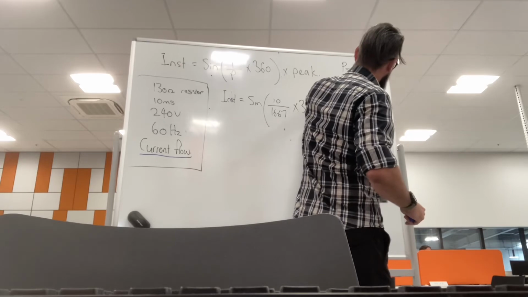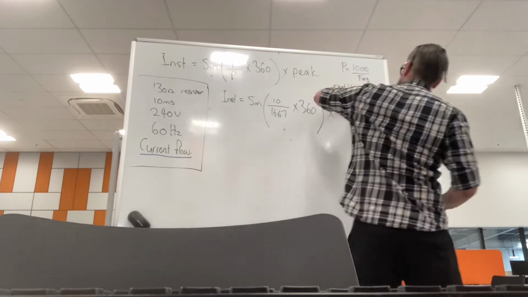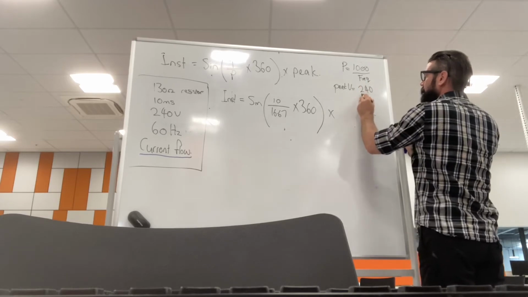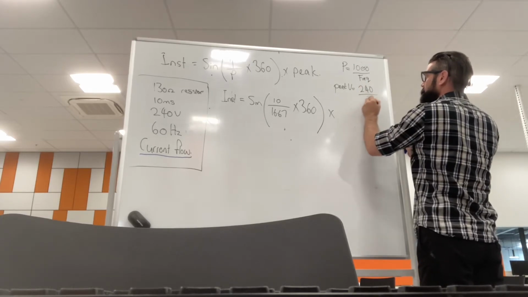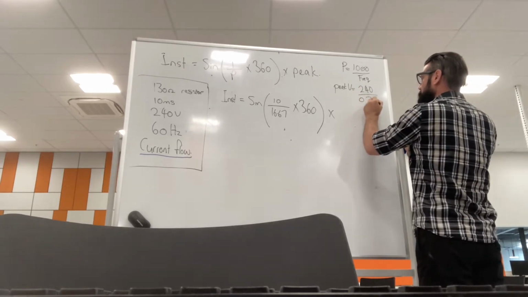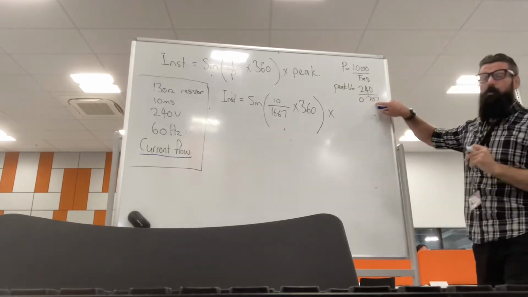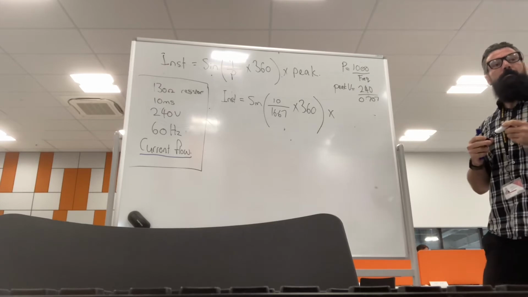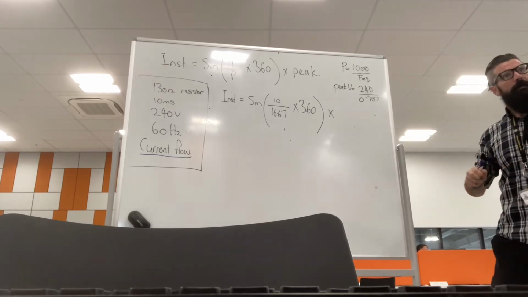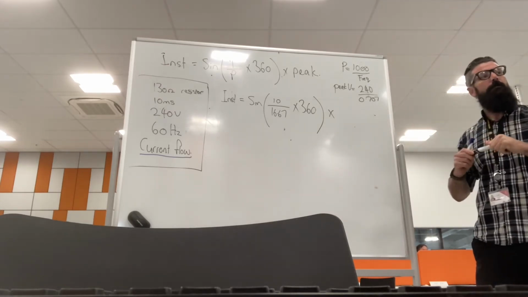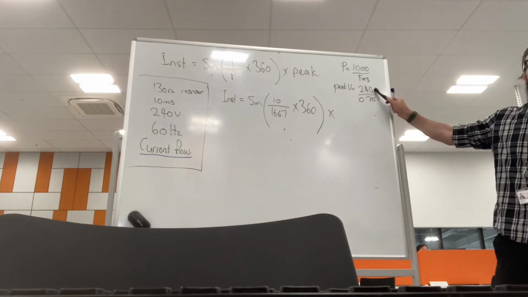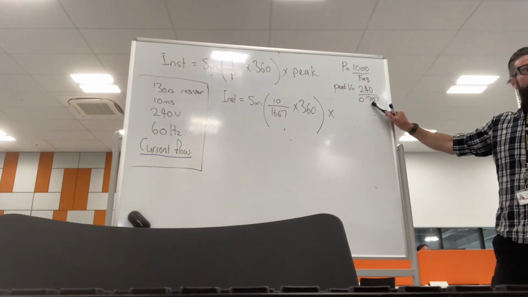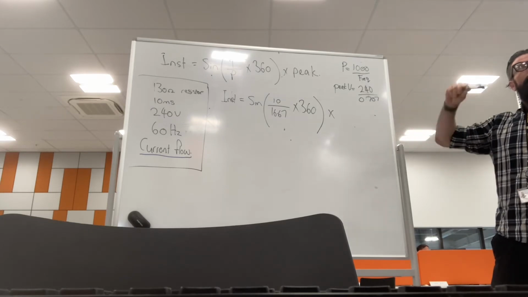So our peak voltage will be 240 divided by 0.707, because 0.707 is our RMS factor. RMS is 0.707 of the peak, so peak times 0.707 equals the RMS voltage, but we already have the RMS voltage, so we're going to divide the RMS by 0.707, which gives us a bigger number.